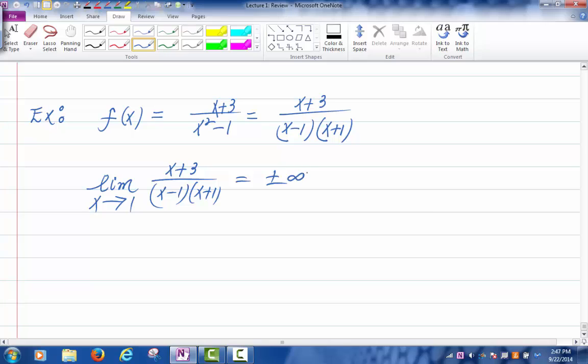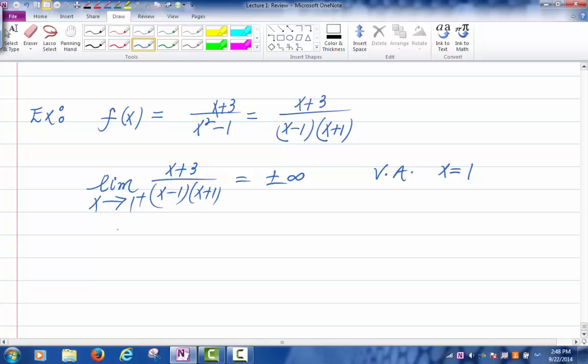All I care is that it is plus or minus infinity. Why? As x goes to 1 from the right, let's say, the denominator goes to 0, but the numerator has a non-zero limit. The ratio will have limit plus or minus infinity. So that tells you that x equals 1 is a vertical asymptote.